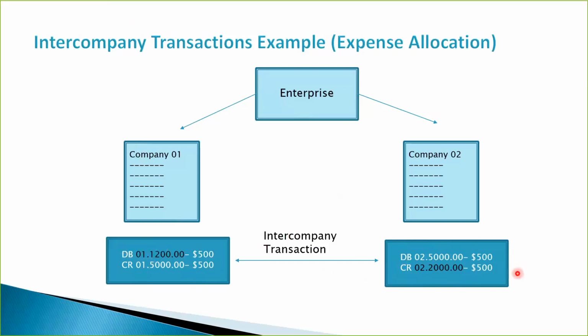On company 2, on the other hand, its expense will increase because this expense has been reallocated from company 01 to company 02, and then its liabilities will increase. We are crediting its liabilities because now it owes company 01 some money, all right, for the expense that company 01 incurred. So that's another example of an intercompany transaction that may happen between these two companies.